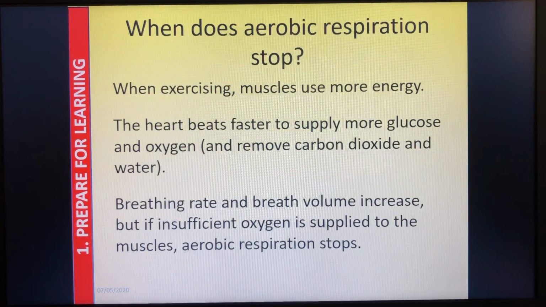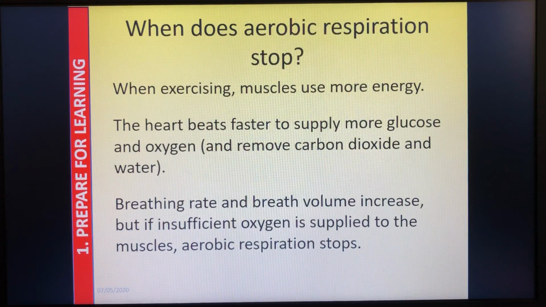So we did our hand exercise yesterday, and we felt that pain of going from aerobic respiration into anaerobic respiration. We know that aerobic respiration stops when exercising. The muscles that use more energy go from aerobic respiration into anaerobic respiration.